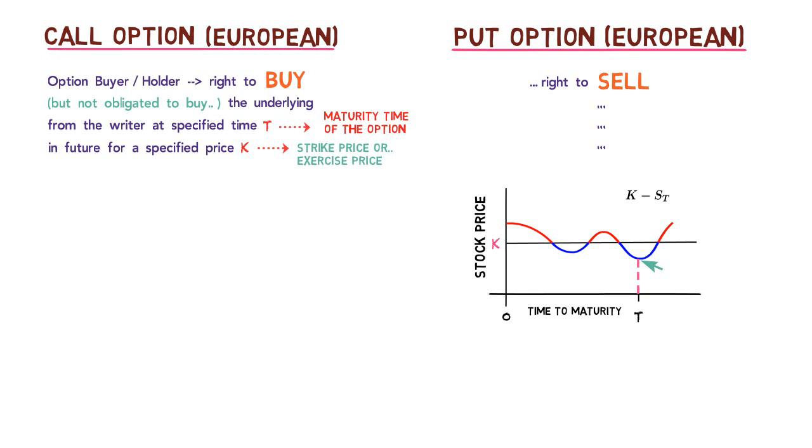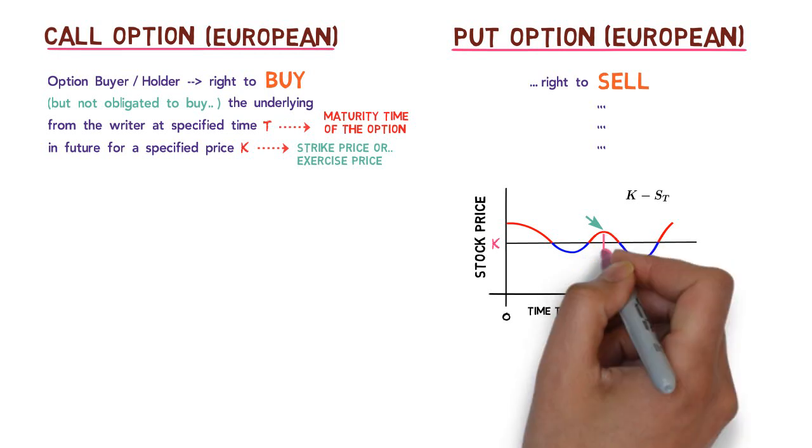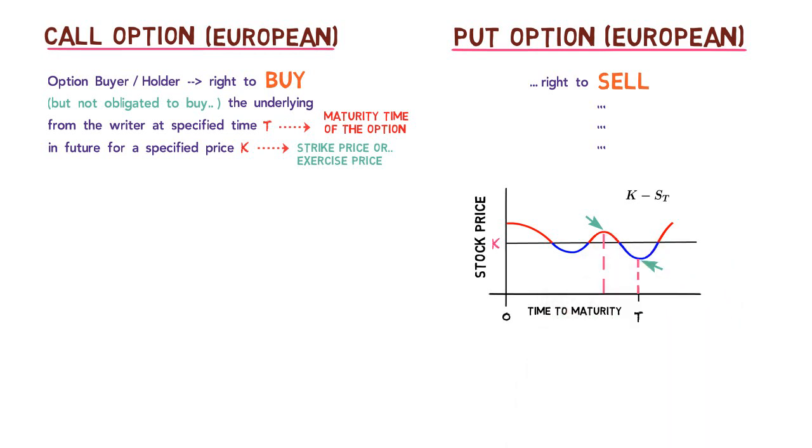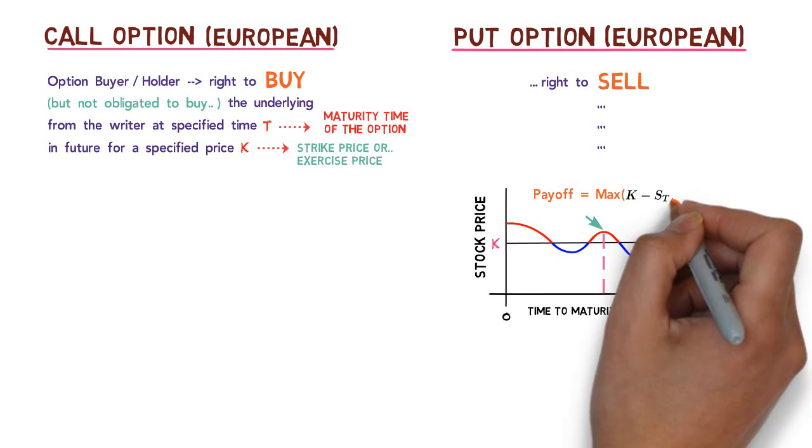However, if the maturity of the option were here, then the price of the underlying asset S_T is greater than k, and if you want to sell the asset at this time, you would rather sell it in the open market than force the option seller to buy it, because he'll only buy it at the lower price of k as per the contract. So we say here the option expires worthless. This is all very similar to the call option scenario we have looked at earlier. So here the payoff can be written as the maximum of k minus S_T and 0.